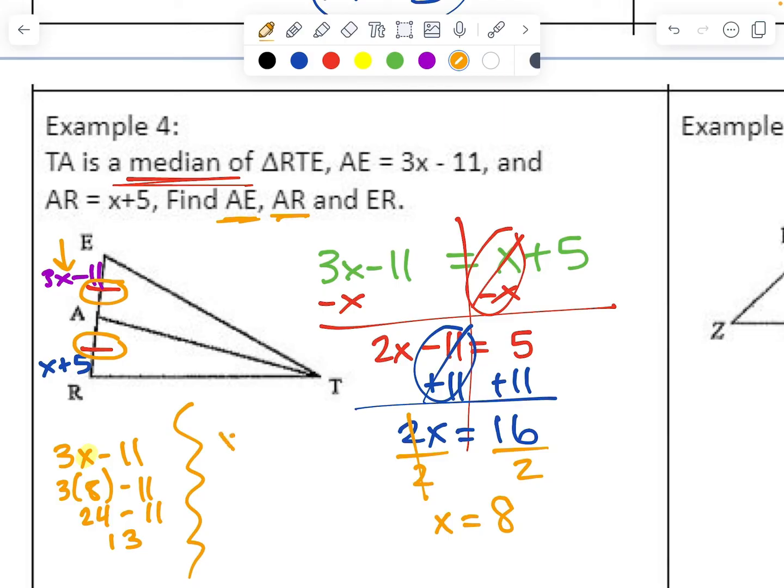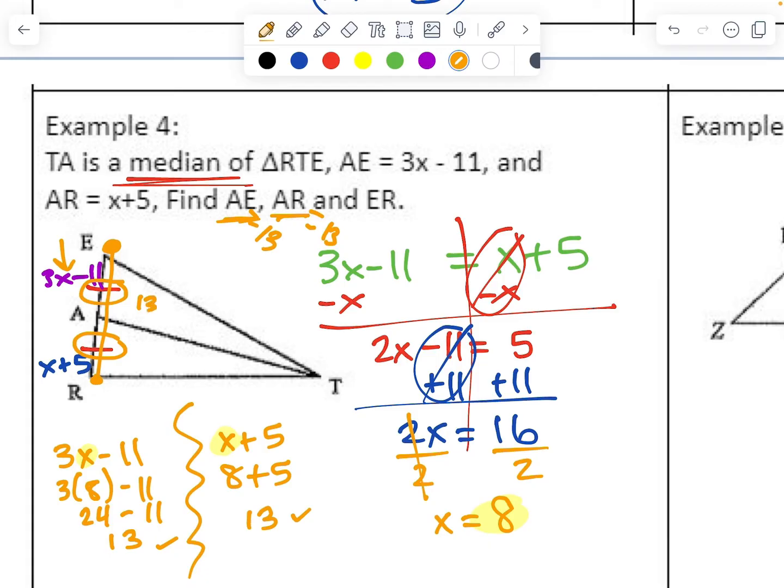So let's do x plus 5, and remember that x is 8. So we're going to plug in an 8. 8 plus 5 is 13. And did they match? Yes, they match. So that means AE is 13, AR, let's write that a little bit different. AE equals 13, AR equals 13, and then ER is all the way from one side down to the other.